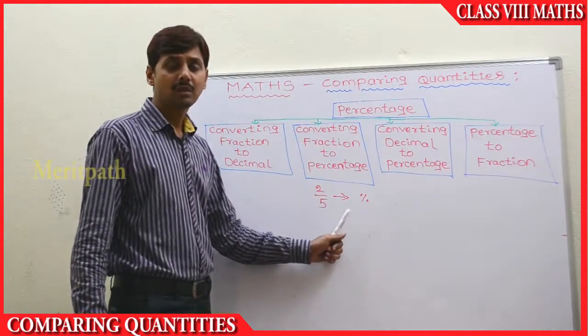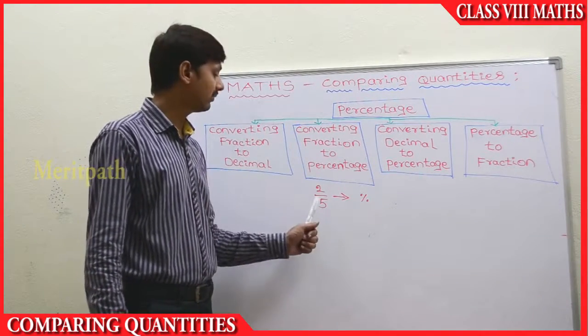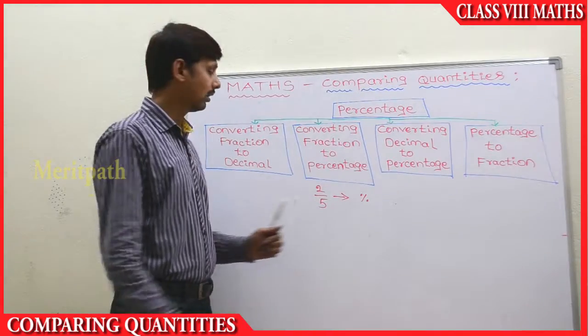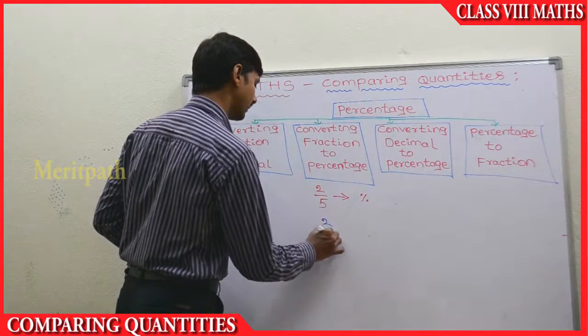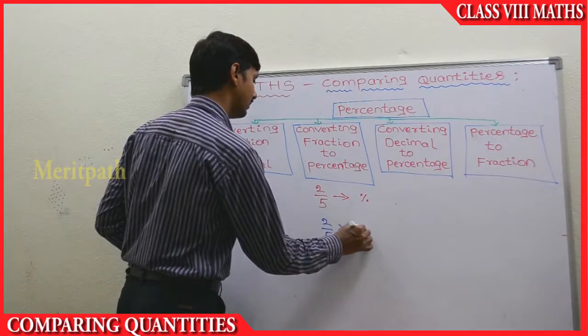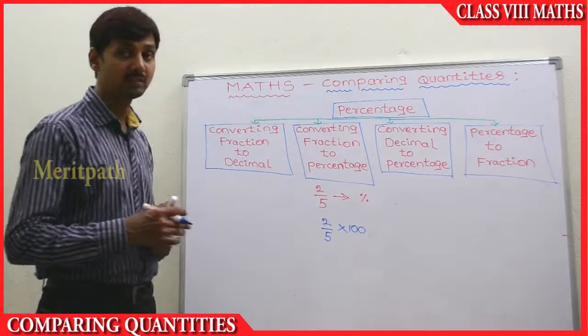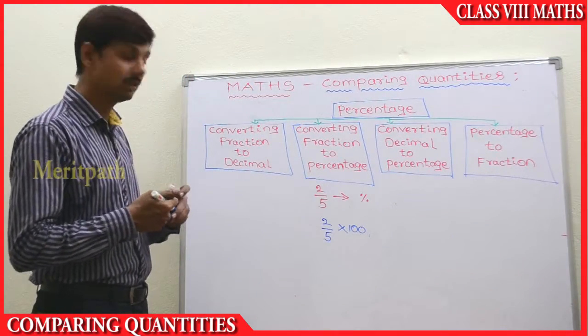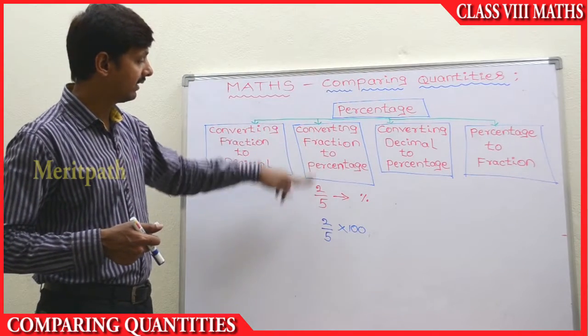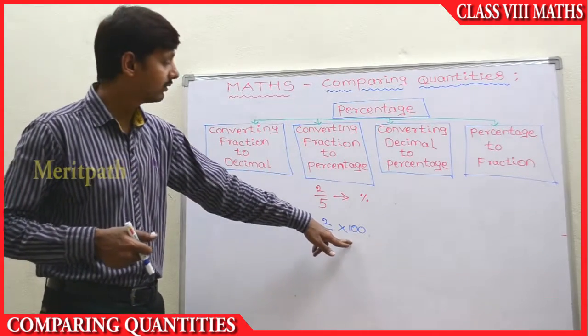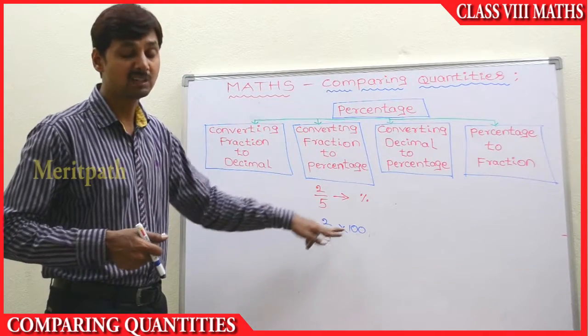And the percentage is out of 100, we know, but this is a fraction, so we need to take this 2 by 5 and multiply by 100. We will get the percentage for this fraction. So that's the reason we multiply by 100.